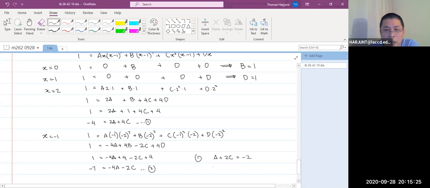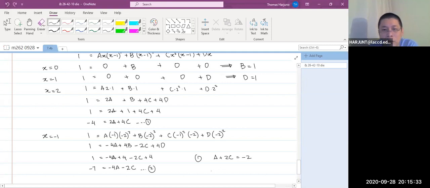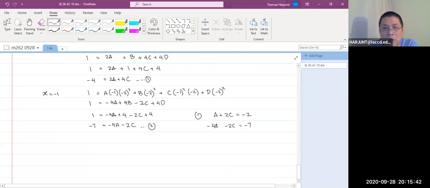Okay, and then equation 2, -4a minus 2c equals to -7. Right? That's equation 2. So when I add, I get -3a equals to -9, a equals to 3.